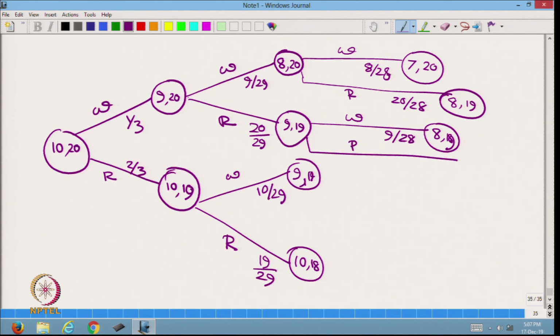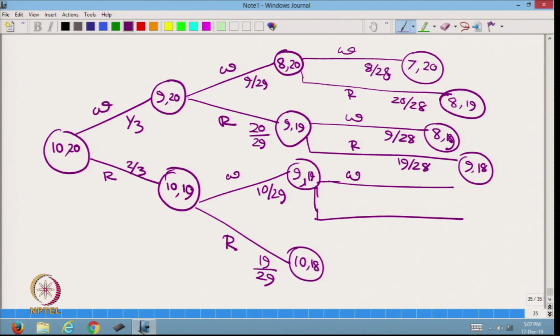If this is a red, this is going to be 9, 18, and that probability is 19/28. If this is a white, we are going to get 8, 19, and that probability is going to be 9/28. This is going to be red, that probability is going to be 19/28, and we are going to get 9, 18.